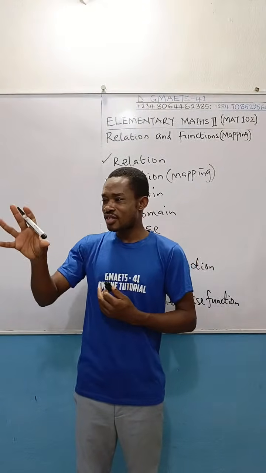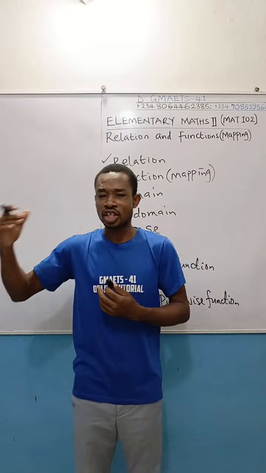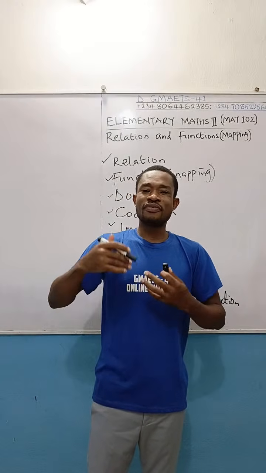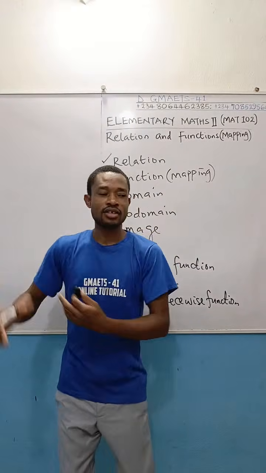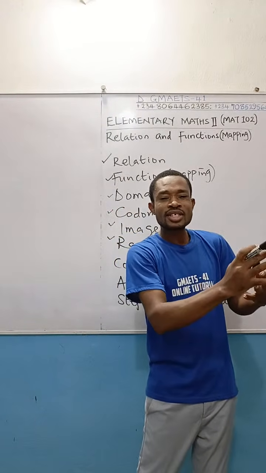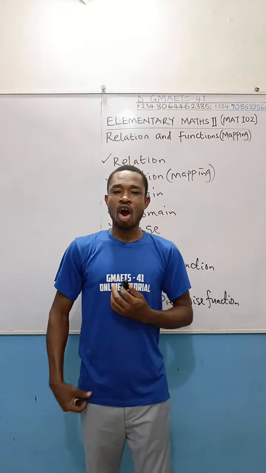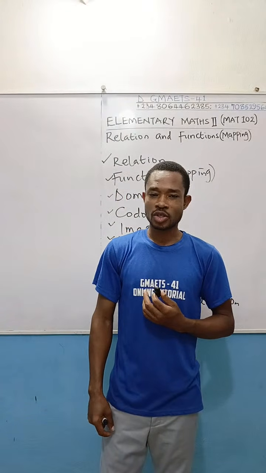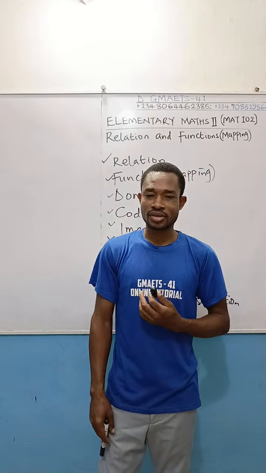So if I have set A and set B, we try to find the relation between A and B. So we define relation from a non-empty set A to another non-empty set B as a subset of the Cartesian product of A cross B. That is simply what a relation is.